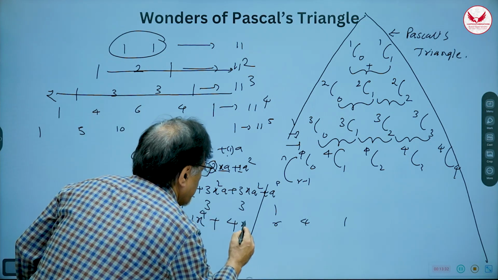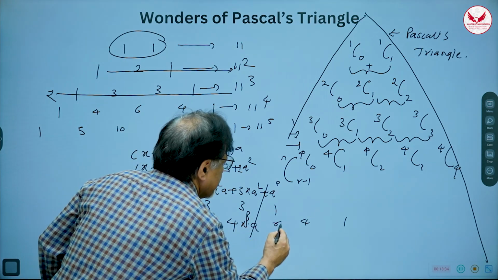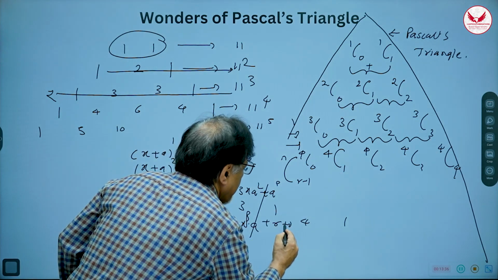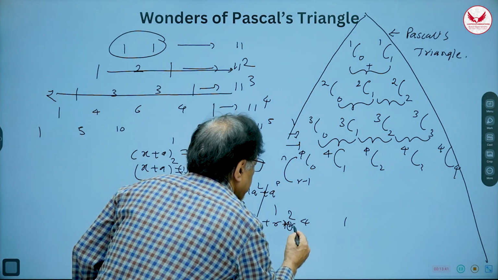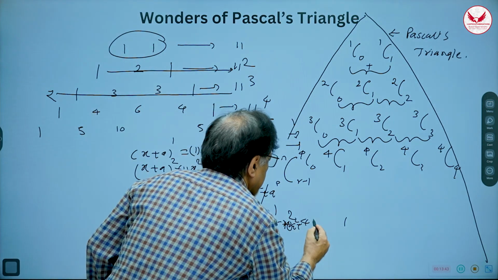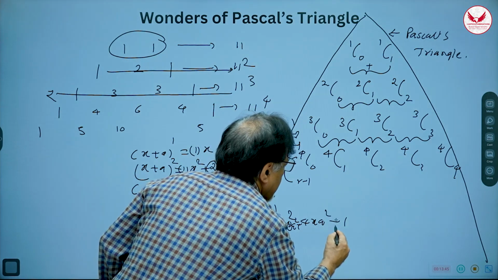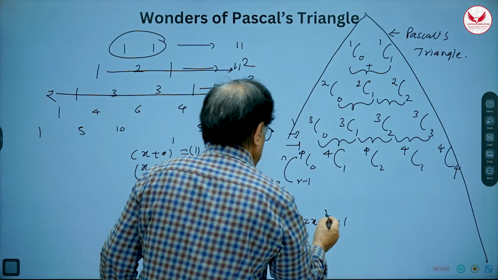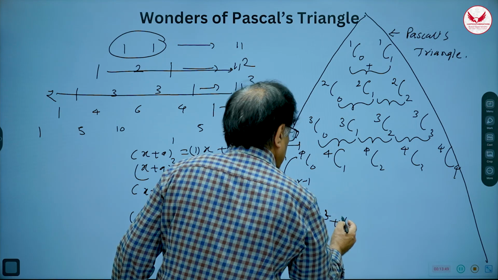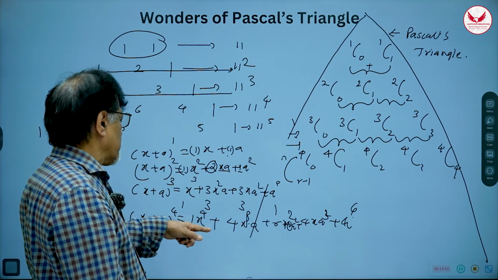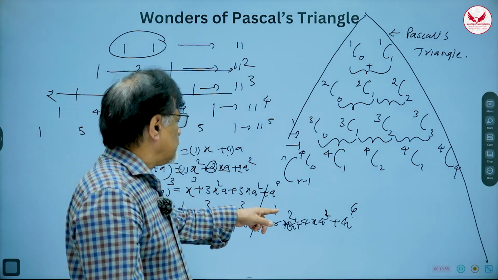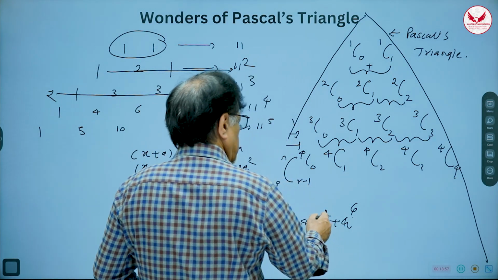Then it will continue with x cube into a. Then x square into a square, right? Then x a cube, and last will be a raised to 4.